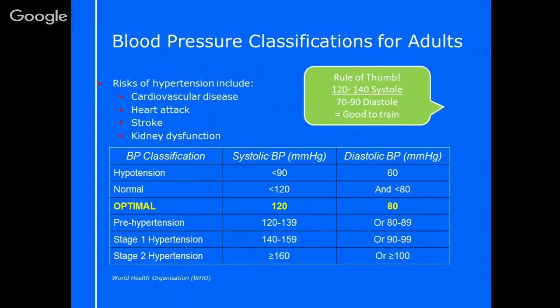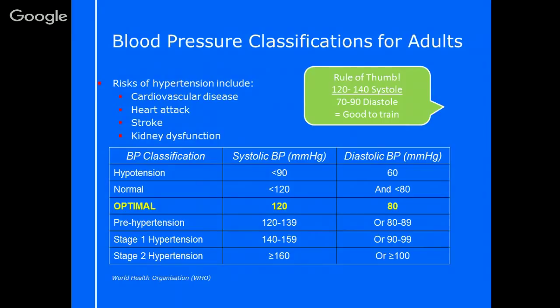Now, we can work with people that are pre-hypertension. This just means that they're on their way towards maybe becoming a little bit more high blood pressure. These are the people that it's really great for us to work with at level 2, because it allows us to actually improve their health.